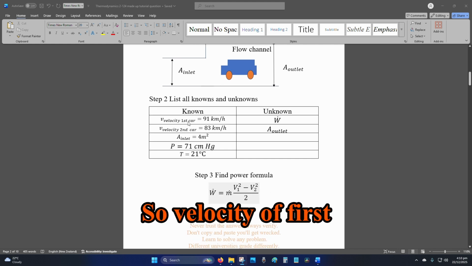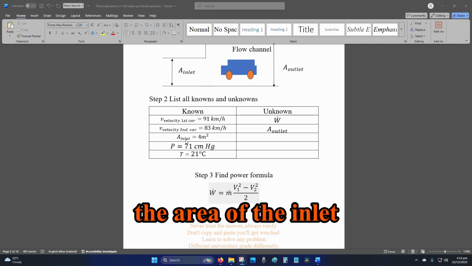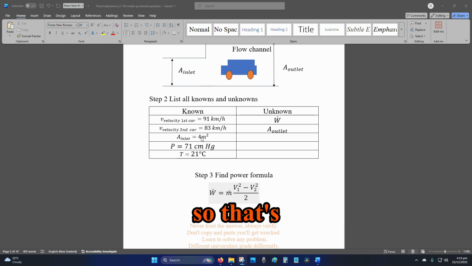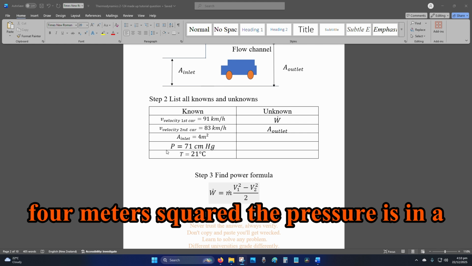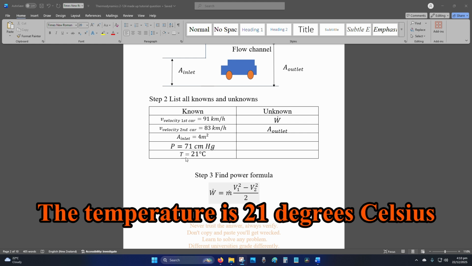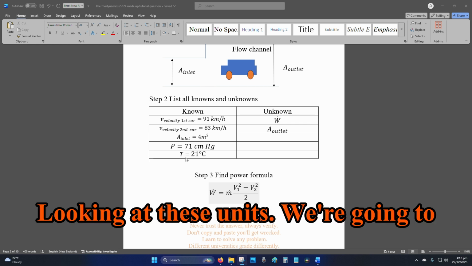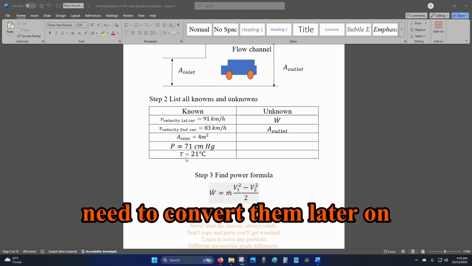So velocity of first car, velocity of second car, the area of the inlet, so that's 4 meters squared. The pressure is in a form of centimeter of mercury, and the temperature is 21 degrees Celsius. So looking at these units, we're going to need to convert them later on.